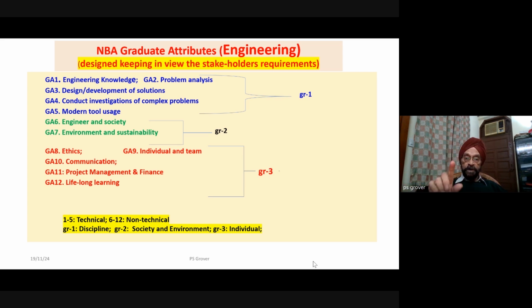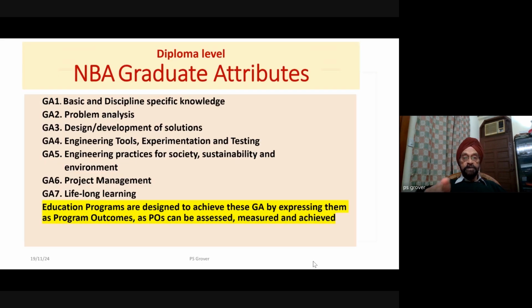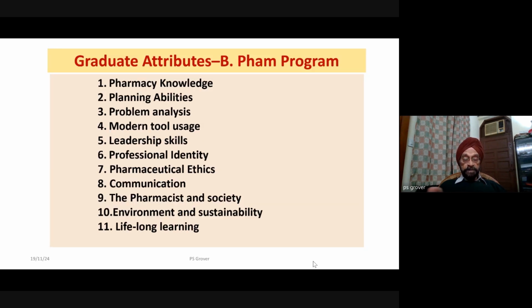They are like engineering knowledge, problem analysis, modern tool usage. Now, based on these graduate attributes, we design the program outcomes. They have defined it for the NBA diploma level also, like, say, project management, efficiency in project management. Then in B Pharma also, they have graduate attributes.